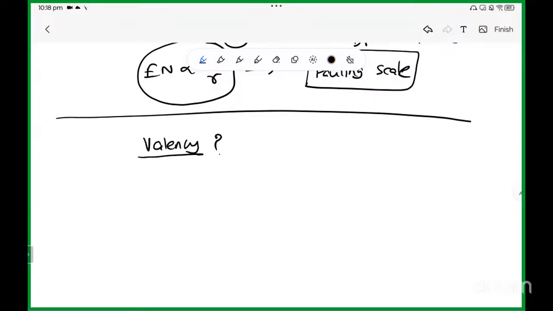Now let's check the valency of these given elements: lithium, beryllium, boron, carbon, nitrogen, oxygen, and fluorine.